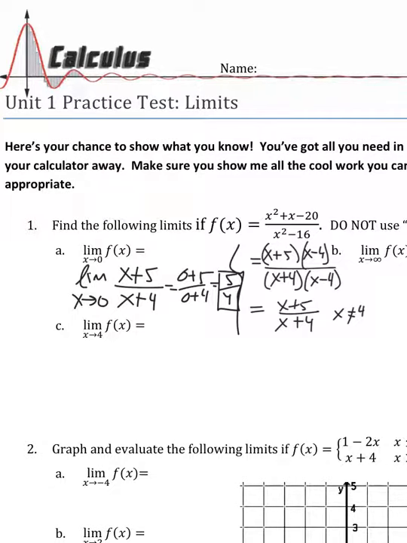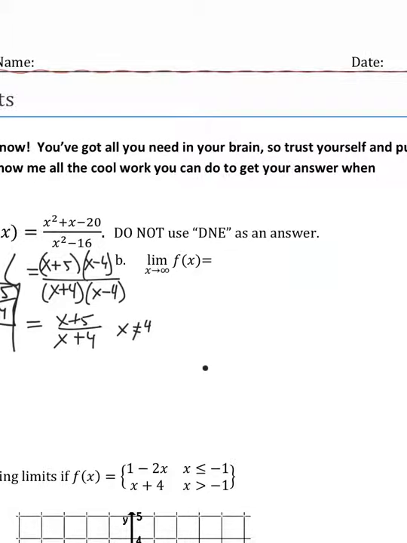So let's go over here to b. So as x goes to infinity here, well, let's write this out. We can actually use either of these versions. Let me go ahead and just write the original one down, because this will be equivalent.